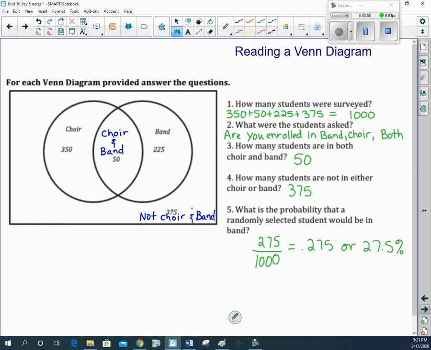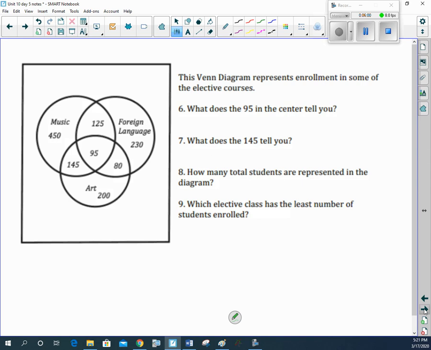Okay, next one. This one has 3 overlapping circles. So what does the 95 in the center tell you? Well, that would tell you those are all the people who take music, art, and foreign language. It's all of them, right? What does the 145 tell us?